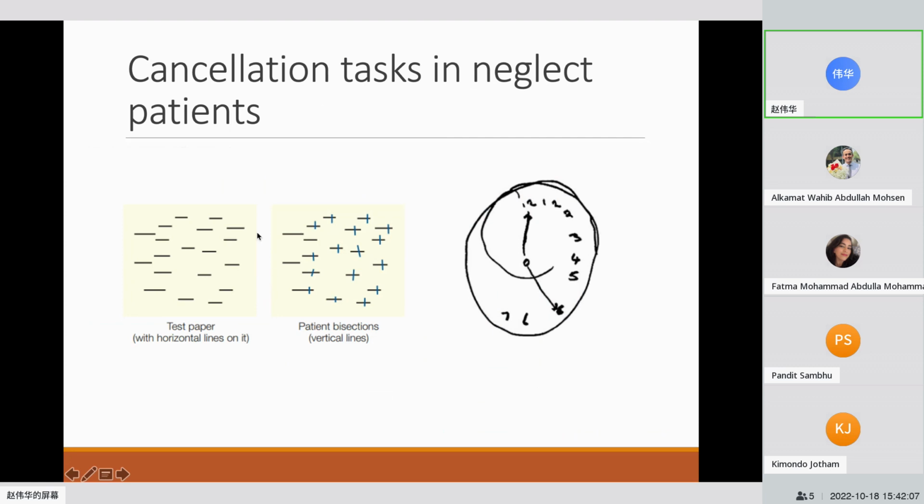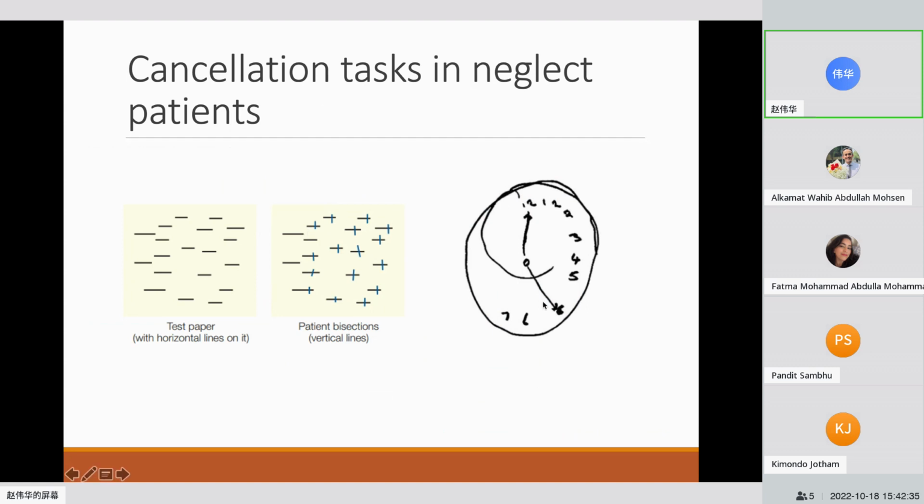They tend to bisect the lines to the right. Here, this part is correct, but not the left part. They completely miss lines on the left side of the paper.